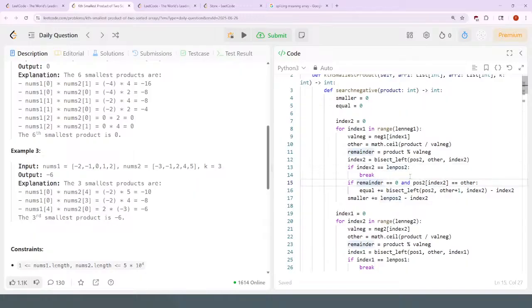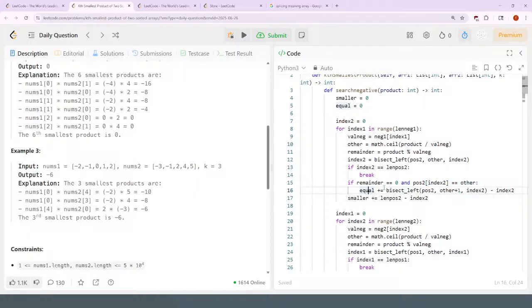And then there's the check for the remainder being 0. So this is if this is the exact match. If it's evenly divisible, this negative value into this product, and the value that I see in my search in the positive subarray matches the quotient, the division of how many times the negative value goes into the product, then this is exactly correct.